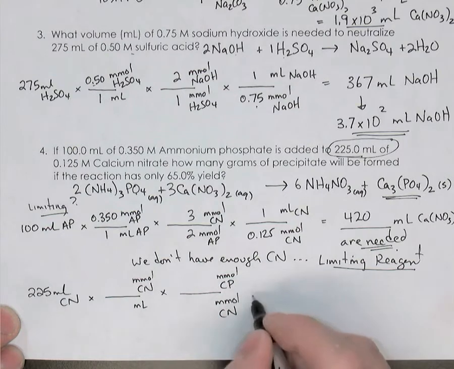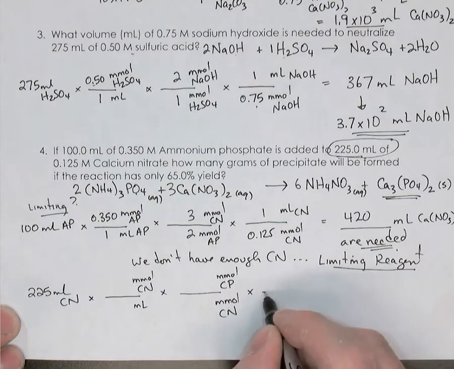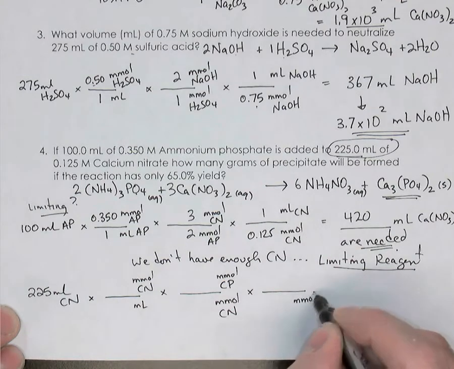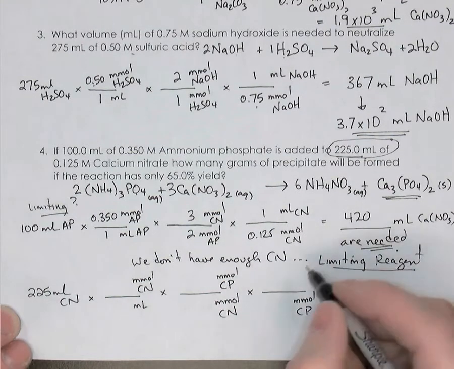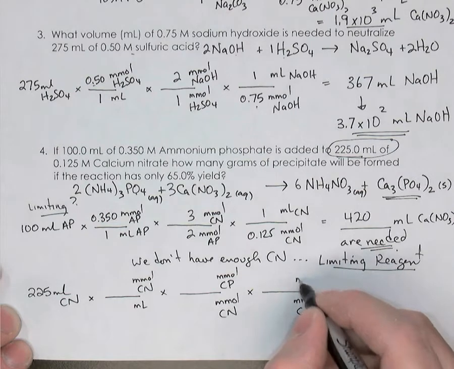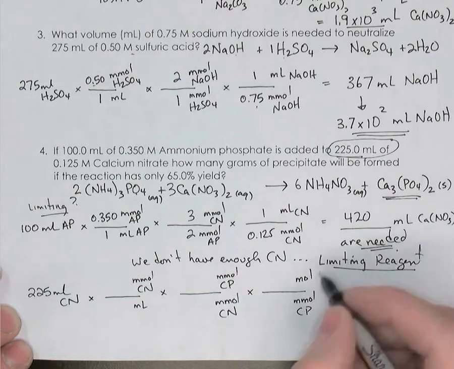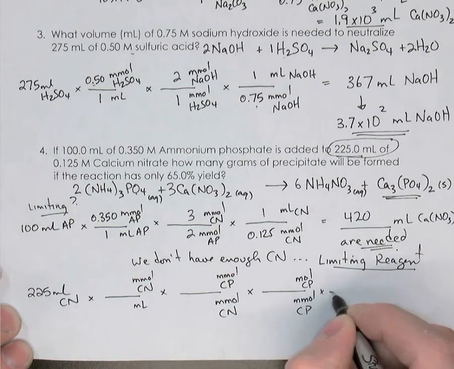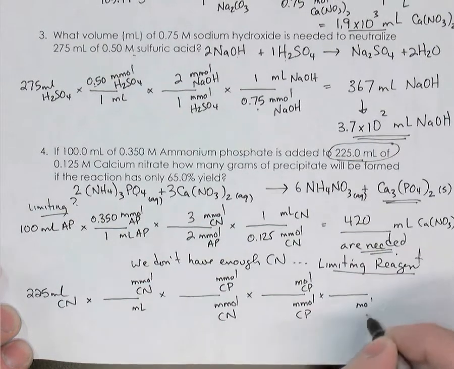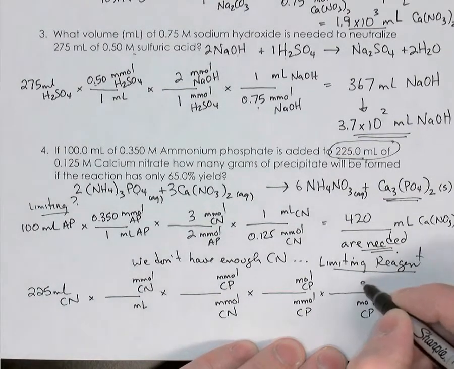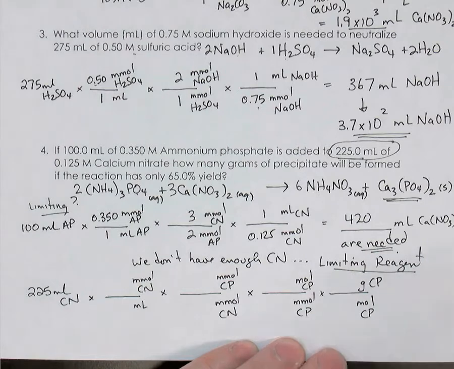Now the question was asking for mass, so I'm going to switch my millimoles of calcium phosphate back to moles, only because I'm going to express the answer in grams. And then moles of calcium phosphate, we can convert to grams of calcium phosphate using its molar mass.